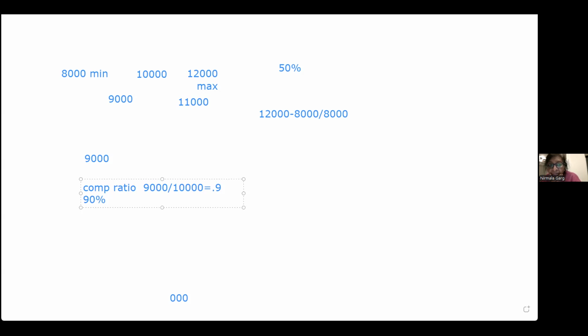So essentially, you're always taking either the salary midpoint or the market midpoint and comparing the salary of an individual.